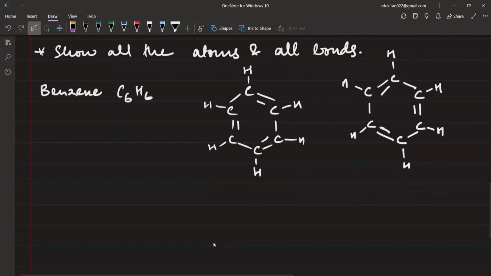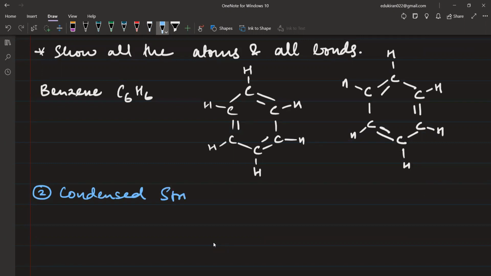Right, next, condensed structure. Okay, condensed structure. In this, one thing is very important: you don't show bonds with hydrogen.